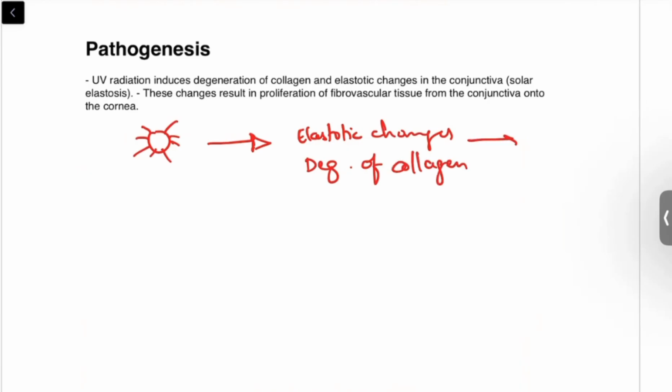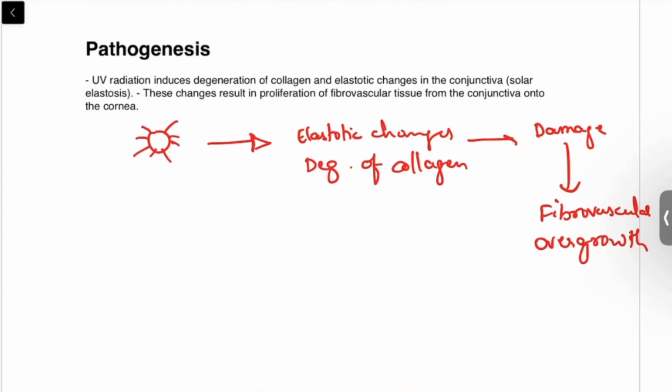Whenever this damage happens and the body tries to heal, there will be fibrovascular growth, and this fibrovascular growth will be an overgrowth in the case of conjunctiva. So this will grow from the conjunctiva and proliferate towards the cornea, thereby leading to formation of this pterygium. Okay, so UV radiation induces degeneration of collagen and elastic changes in the conjunctiva, and these changes result in proliferation of fibrovascular tissue from the conjunctiva into the cornea.